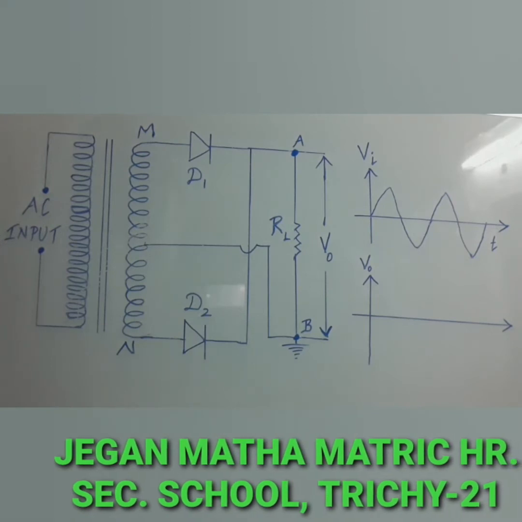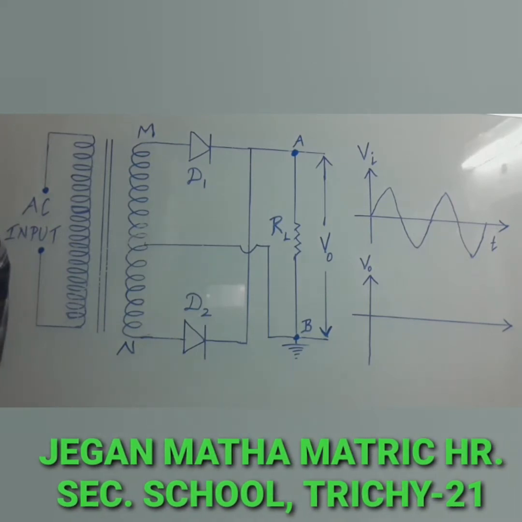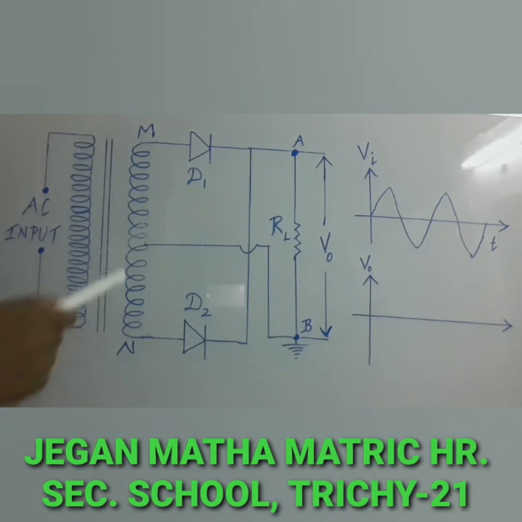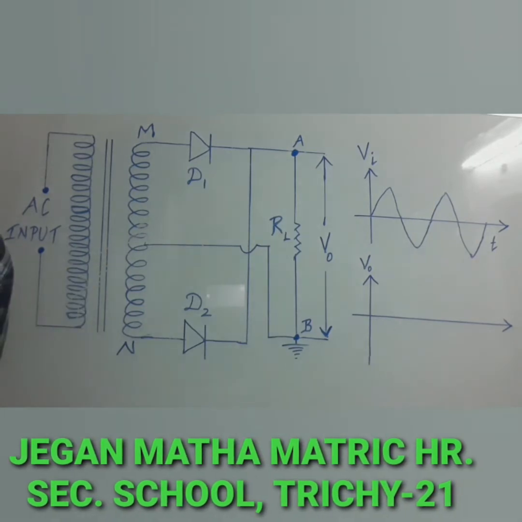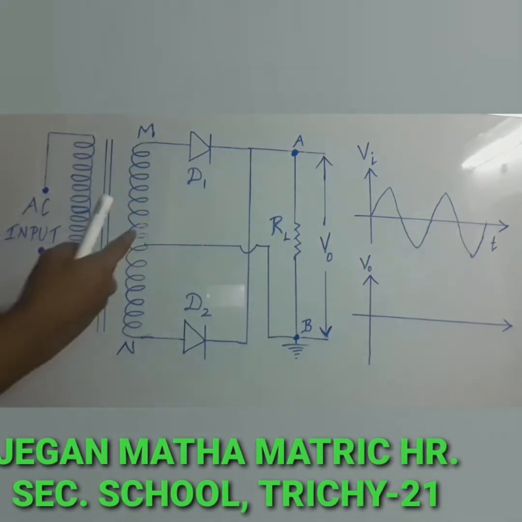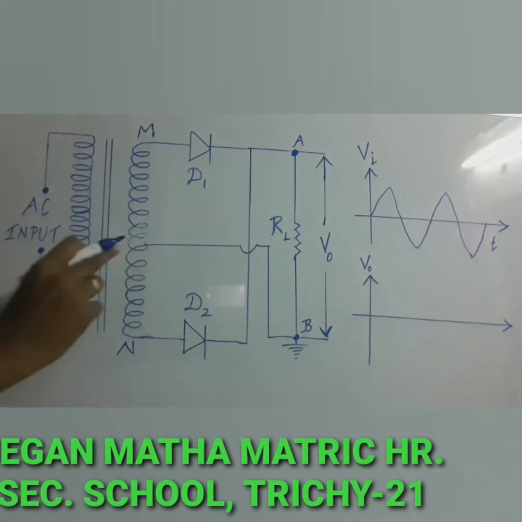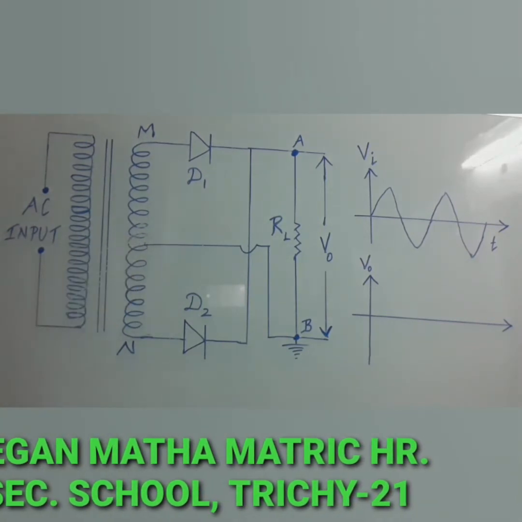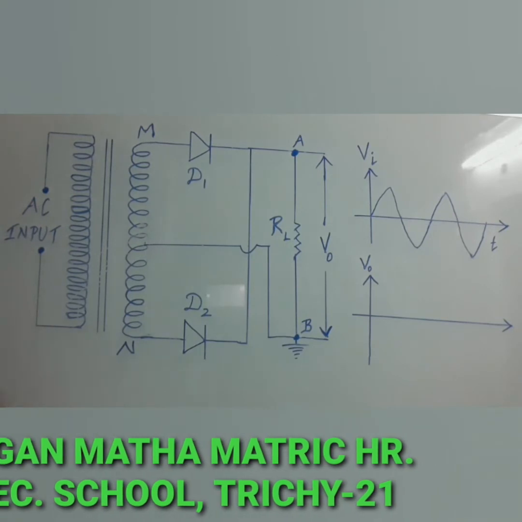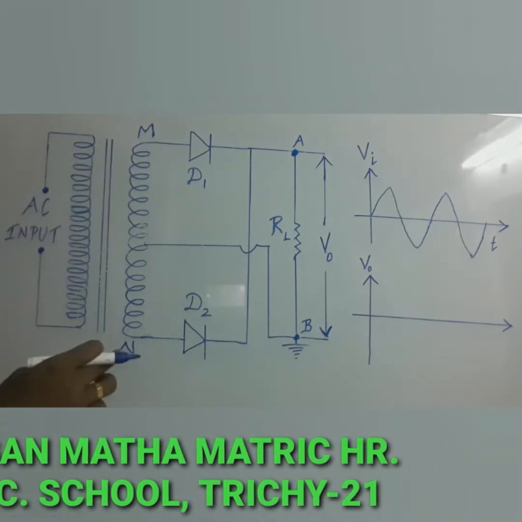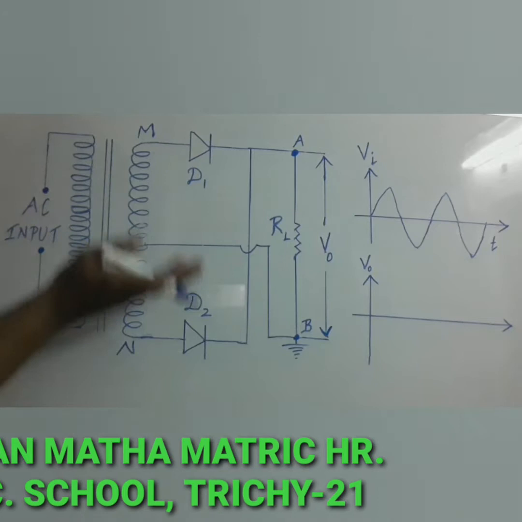First, let us understand the center tap transformer. There is a facility to tap at the halfway point in the secondary winding. If the center tap point is grounded, then the voltage across the secondary will be divided into two halves.